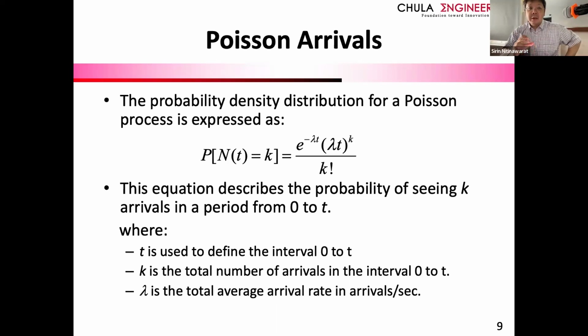And because once you define the Poisson arrival process, you can define this N of t for any t and any k. So basically, you can describe the entire arrival process fully, right?